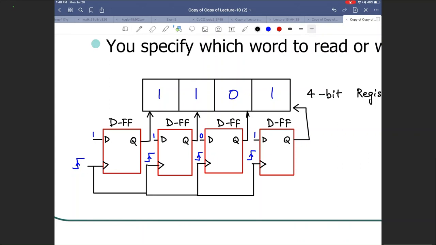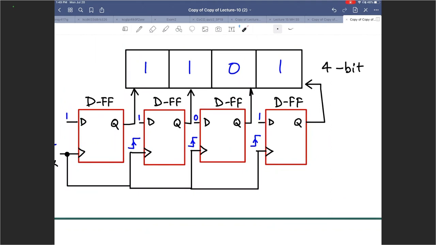Then the moment there is a change in the CLK signal, the moment there is a positive edge on CLK, the 4 D flip-flops are going to take their inputs, and those inputs are going to appear at the outputs of those 4 D flip-flops. Let me call these outputs in a conventional manner. What is the convention?